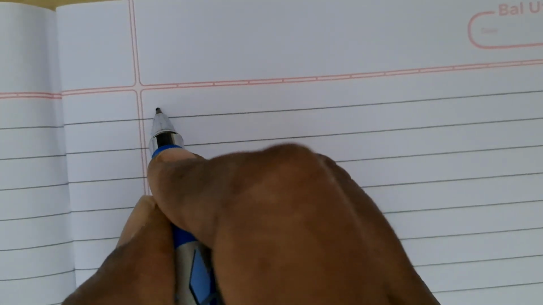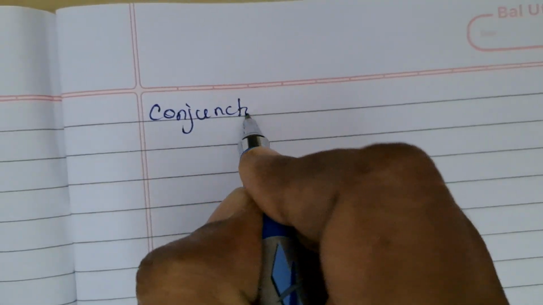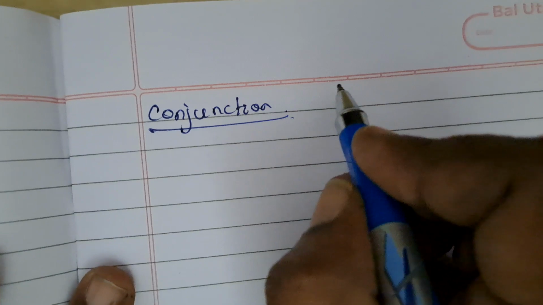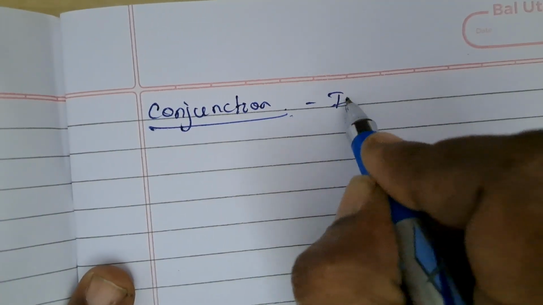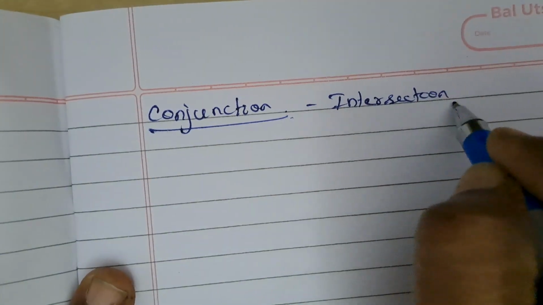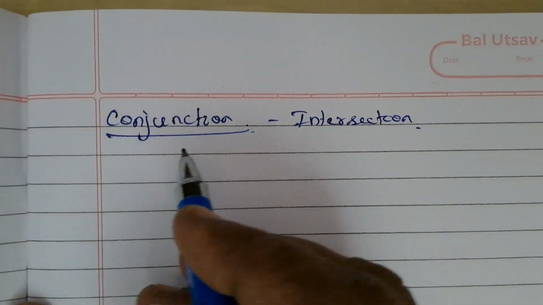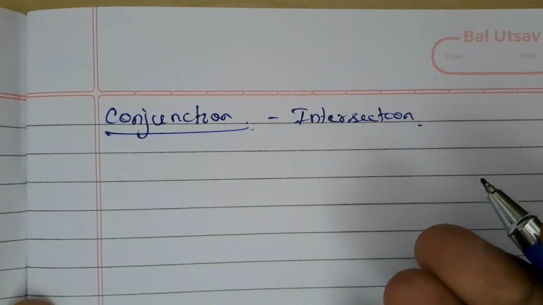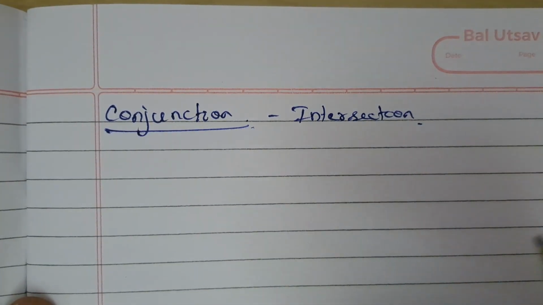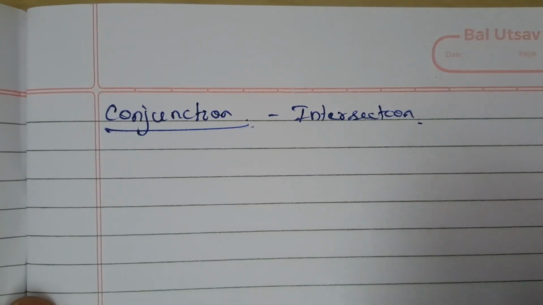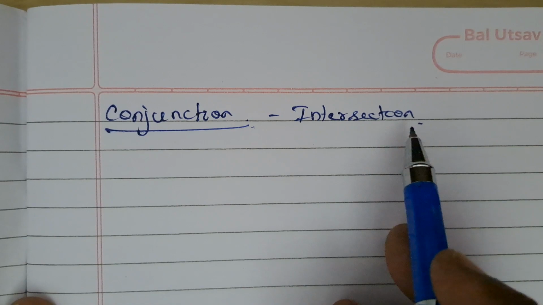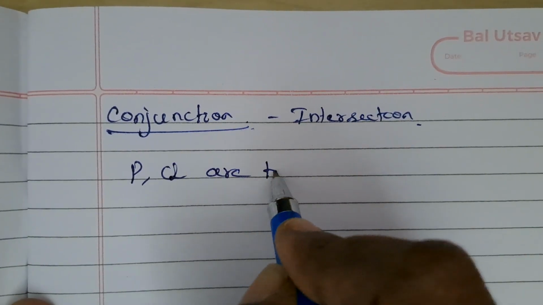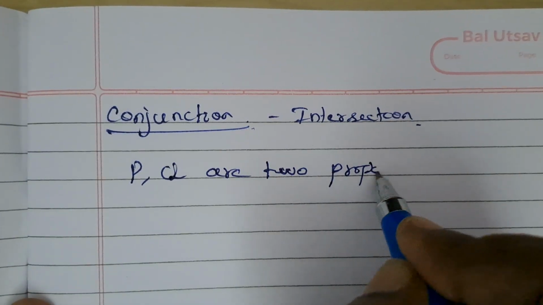Now I take conjunction. What is conjunction? You can take this as intersection in our set theory concepts. Suppose A and B are two sets, then the intersection of A and B is another set which contains the elements which are in both A and B. So here, P and Q are two propositions.